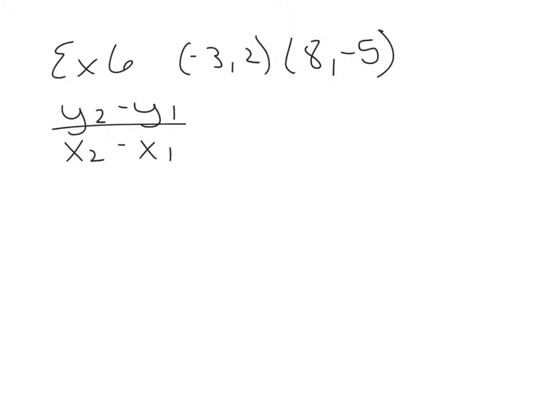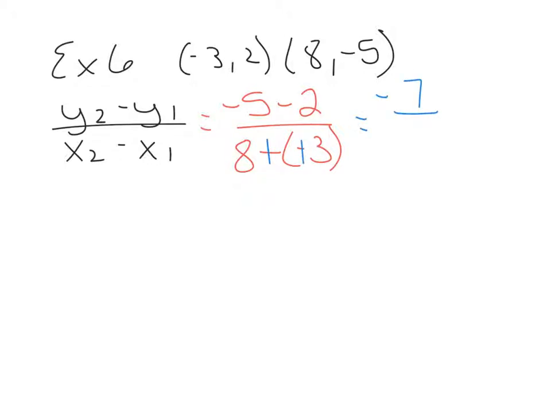So y2 minus y1 will be -5 minus 2. x2 minus x1 will be 8 minus -3. The first thing you can do is cancel off those two negatives. -5 minus 2 is -7. 8 plus 3 is 11. So this is a slope of -7 over 11.